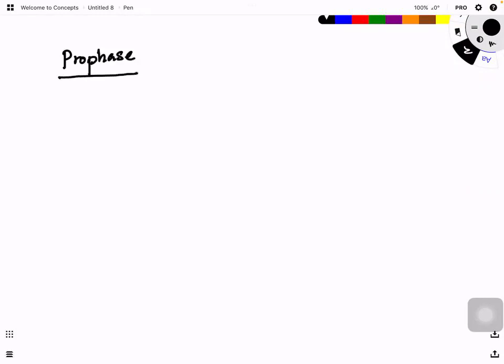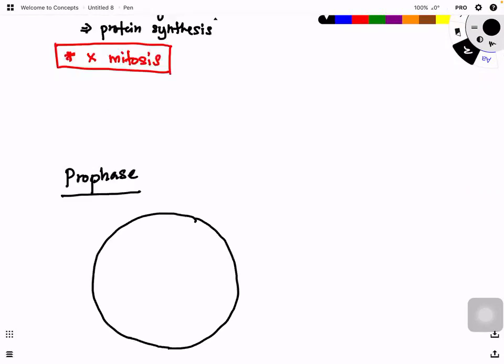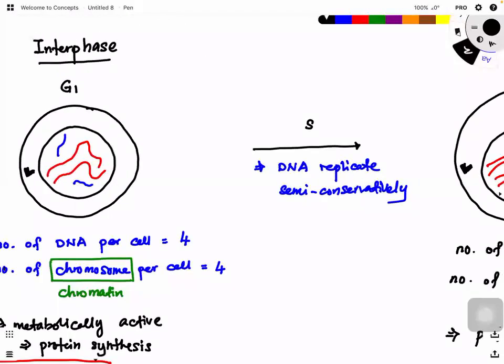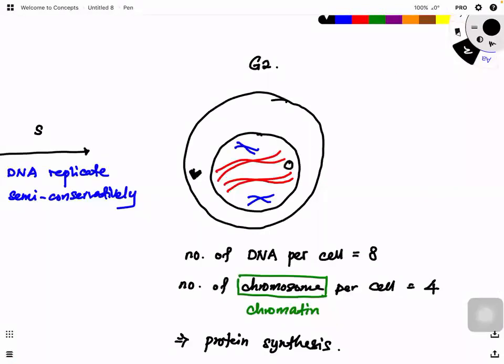So prophase, the signature events of the prophase. If I go back to the interphase, you can see that in the nucleus we have the nucleolus. The nucleolus still remains intact here. Are you clear?